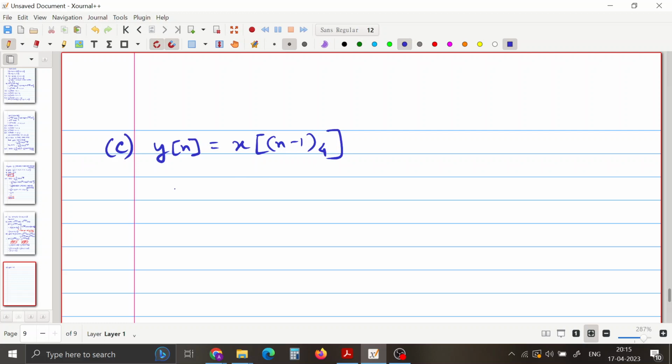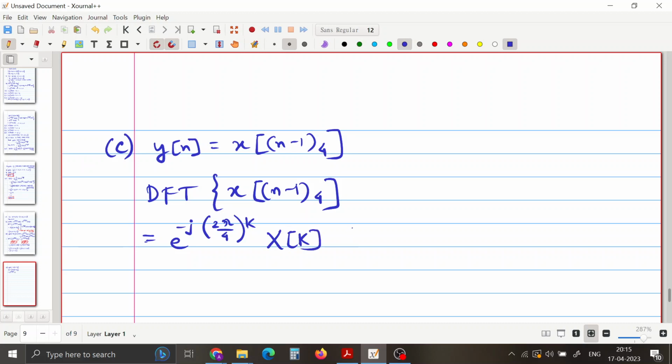The DFT of this is nothing but, as I said, there will be an exponential multiplication once you take the DFT: e power minus j 2 pi by cap N, which is 4, times the shift, which is 1 unit, times k. So this times X of k.